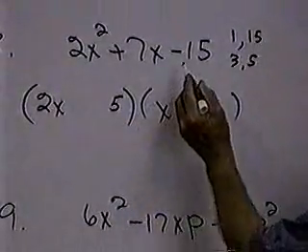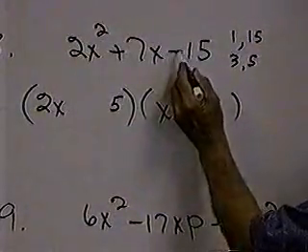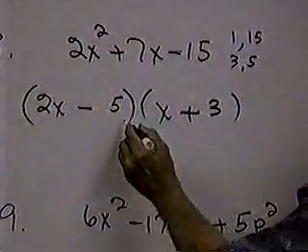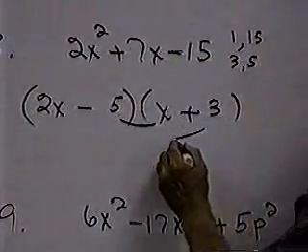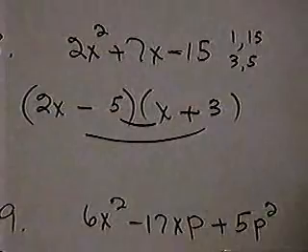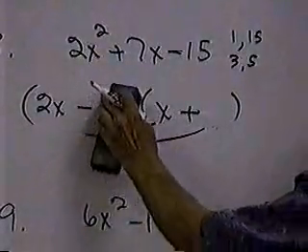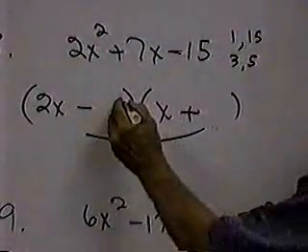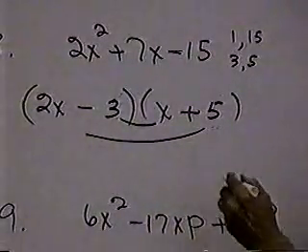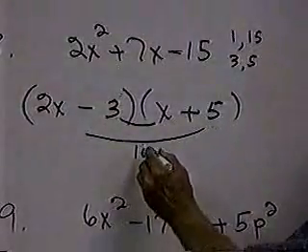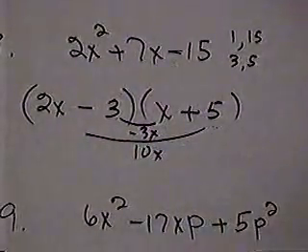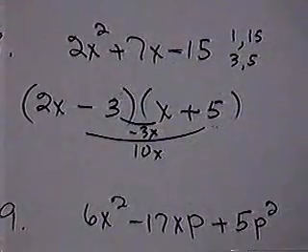Now, whoops. If this is a minus, one of these is going to be a minus, one is going to be a plus. Now, this is a minus 5 and a plus 6. Does that add up to plus? No. So what I'll do is I'll switch places with my 3 and 5. Now, this is 10x and a minus 3x. Does that work? Yeah, that's it. So we did it. Okay. Just trial and error.